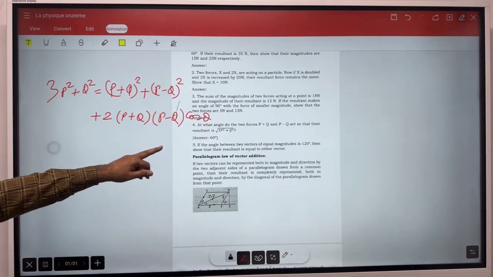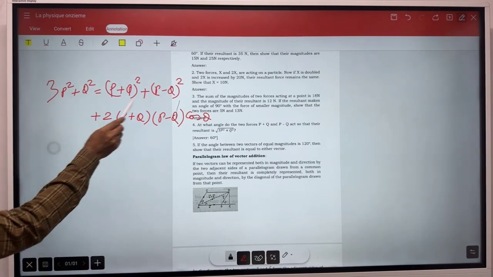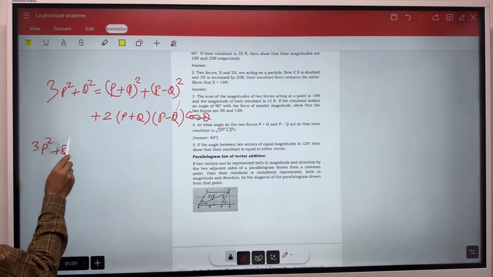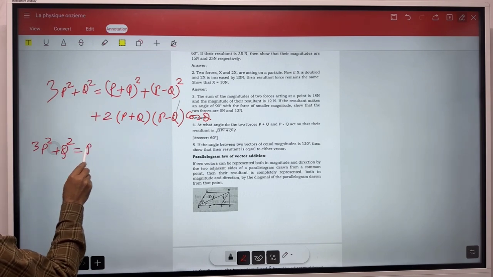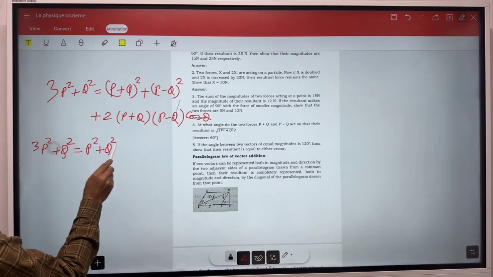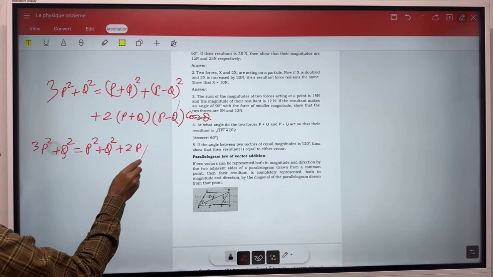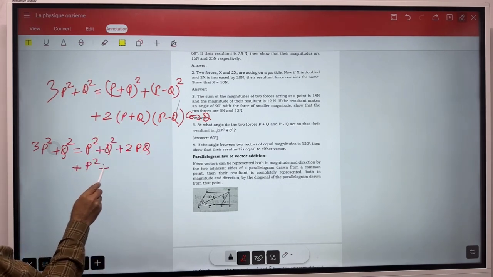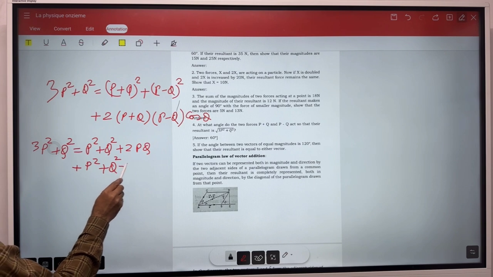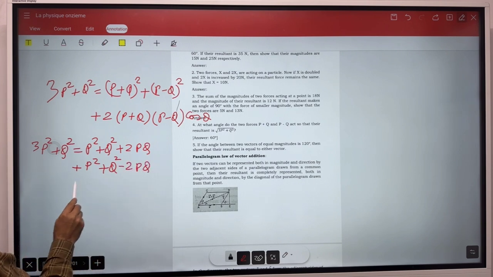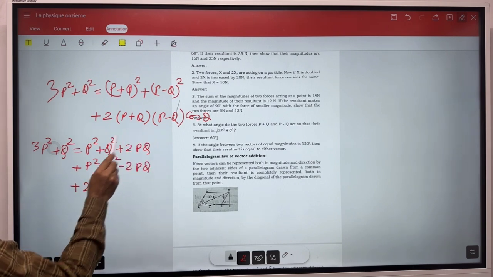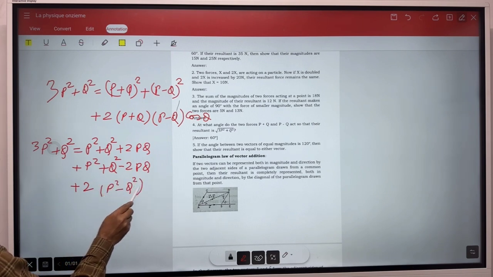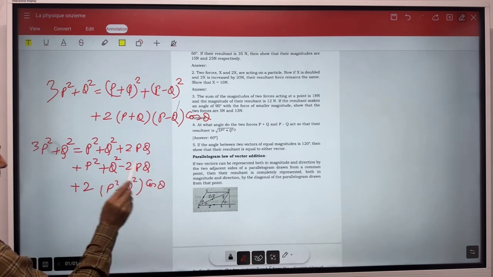Our concern is to get the value of theta. So we just open the brackets. 3P square plus Q square is equal to, the first one is P square plus Q square plus 2PQ. The second one becomes P square plus Q square minus 2PQ. Plus the third one becomes twice of (P square minus Q square) times cos theta.